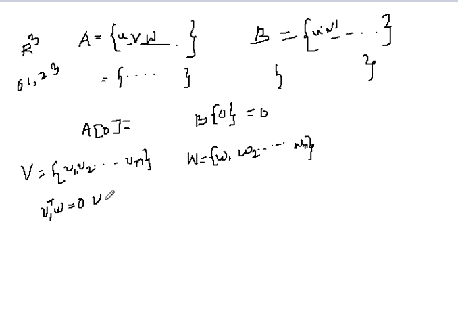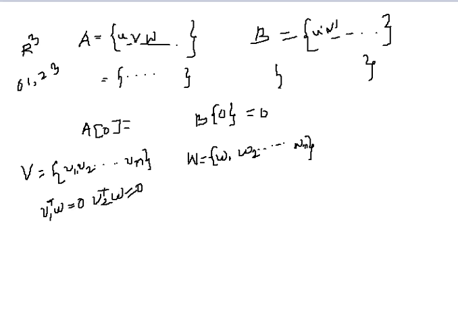This means every element v when multiplied with w will give 0. So V1 transpose w should be equal to 0, V2 transpose w should be equal to 0, or if w1 is taken, it should be equal to 0.